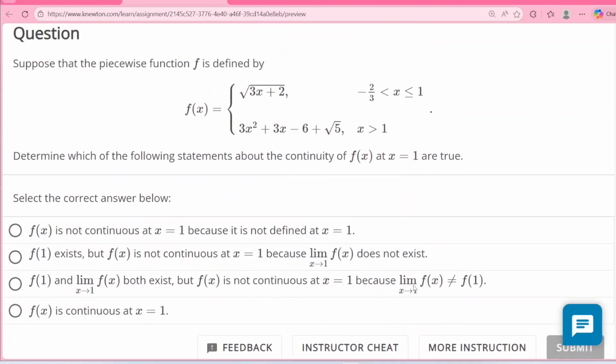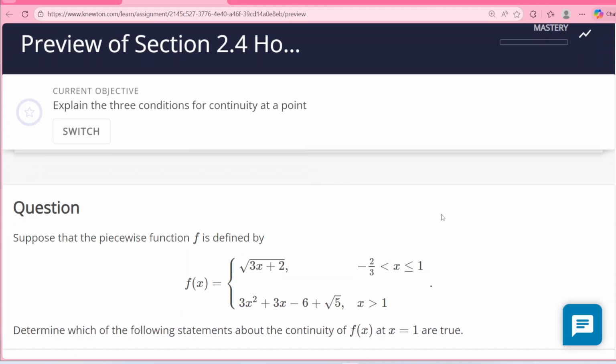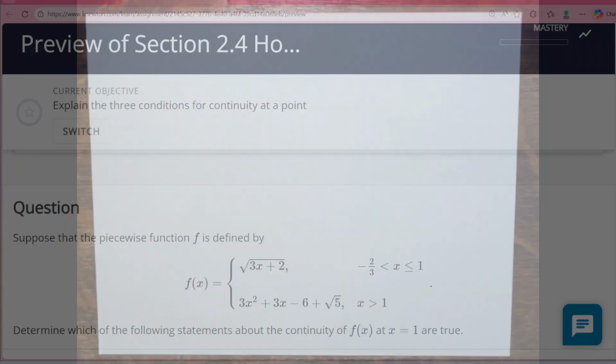Okay, so here in this first question, I'm on the objective, explain the 3 conditions for continuity at a point. So I will discuss those first, and we'll come back to the question.